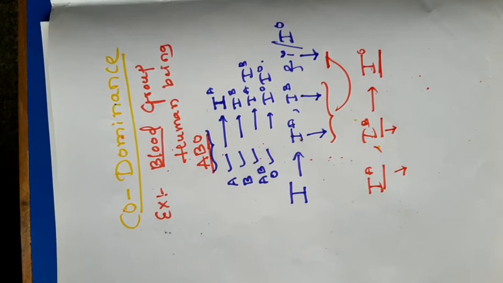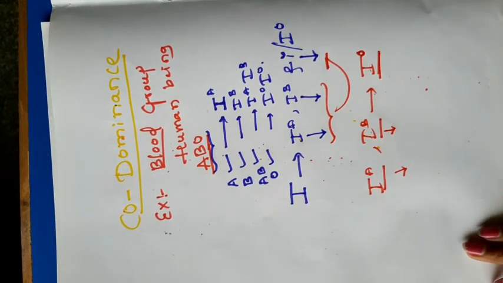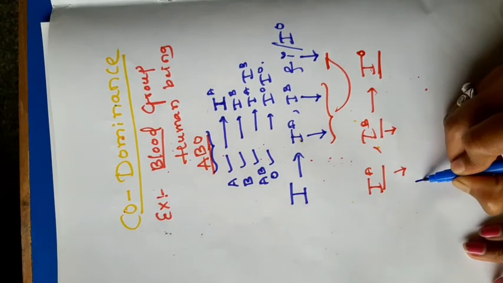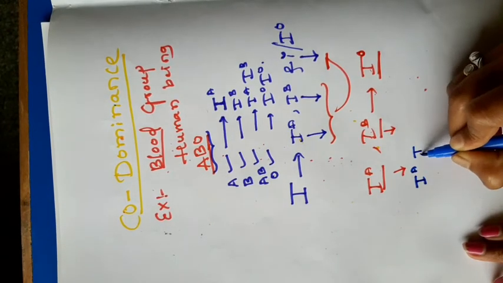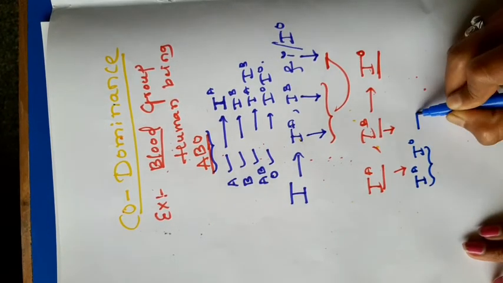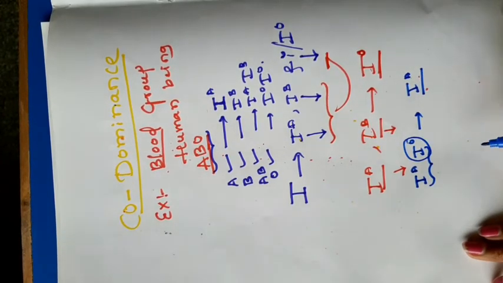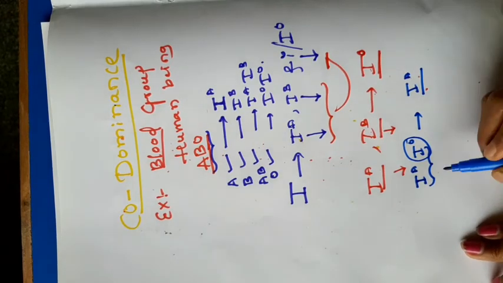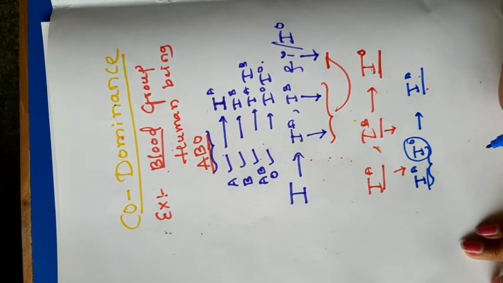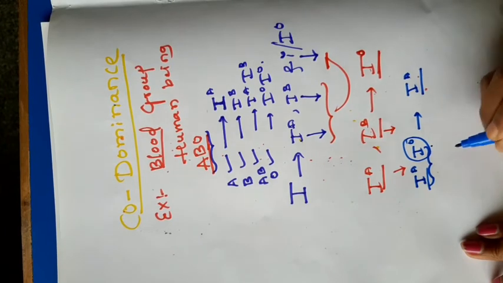When IA and small i are present, only the IA is expressed. This is a basic concept. When IA and IO are present in an individual, only the IA gene is going to be expressed, because the IO gene is considered a recessive one, and IA is completely dominant over IO.